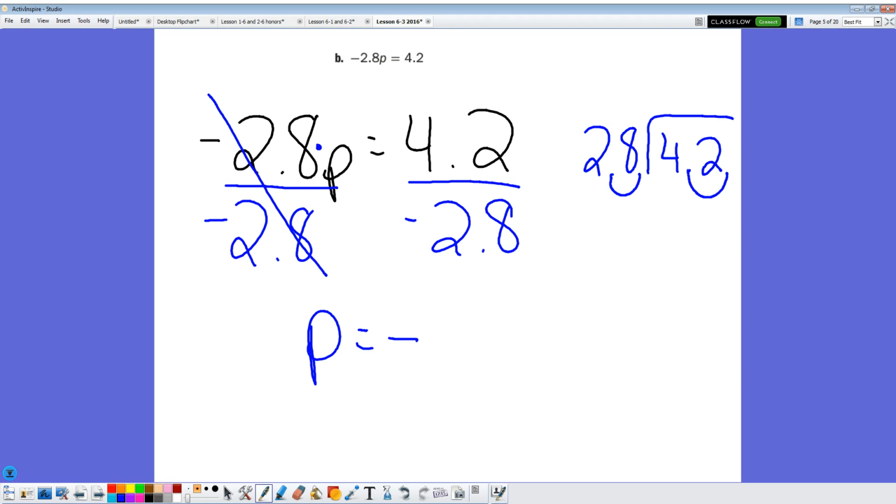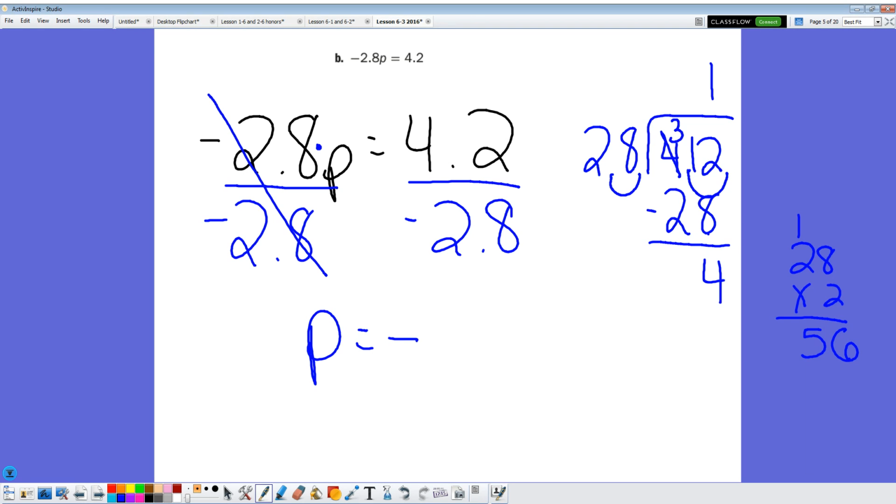Okay, how many times does 28 go into 42? I'm not sure if it's 1 or 2, so I'm going to multiply 28 by 2 so I can see. 2 times 8 would be 16. 2 times 2 is 4, 5. So 2 is too big, so it's going to be 1 time. And now I'm going to subtract 28. 12 minus 8 is 4, and 3 minus 2 is 1. Now I'm going to add my decimal point and a 0.